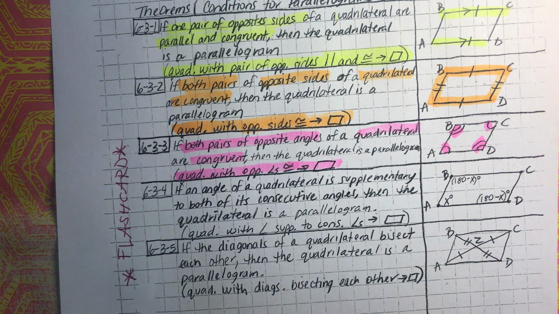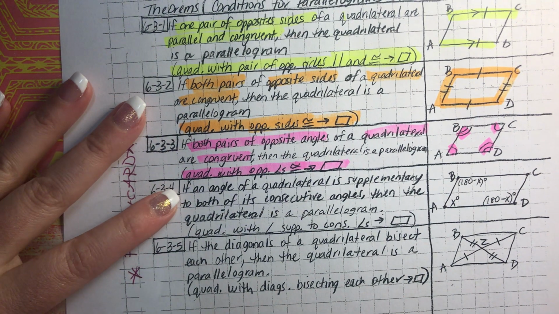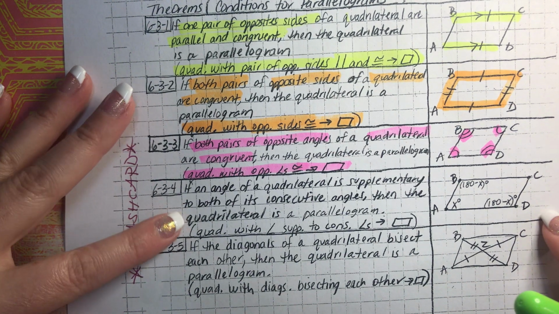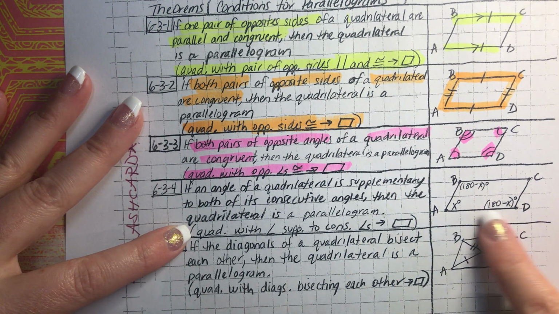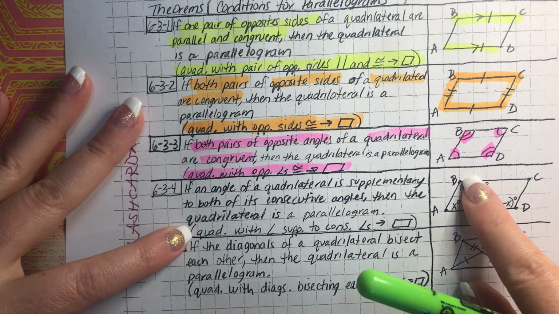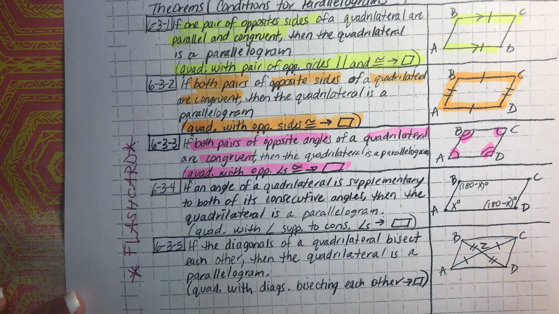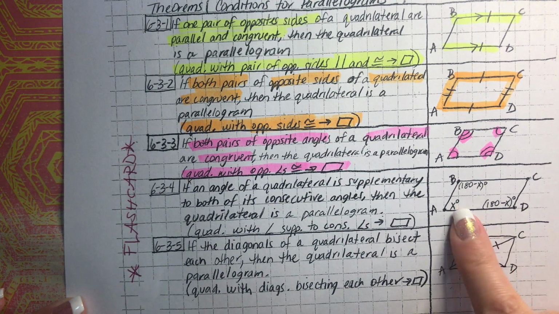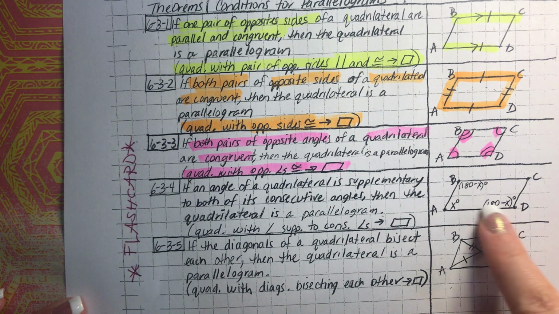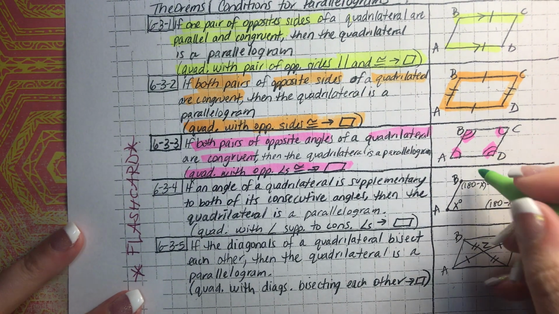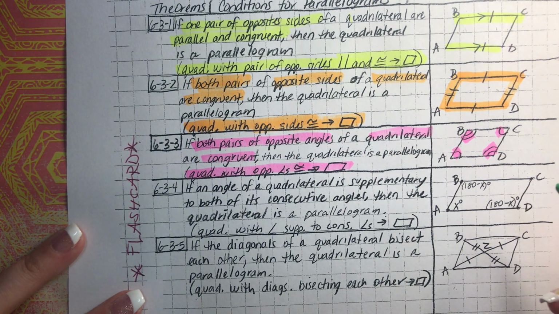This one says, if an angle of a quadrilateral is supplementary to both its consecutive angles, then the quadrilateral is a parallelogram. So this one is kind of similar to the one last section, but it's a little bit different. I think it was just like if you have a parallelogram, then the consecutive angles are supplementary, but for this one, you need both pairs of consecutive angles, right?